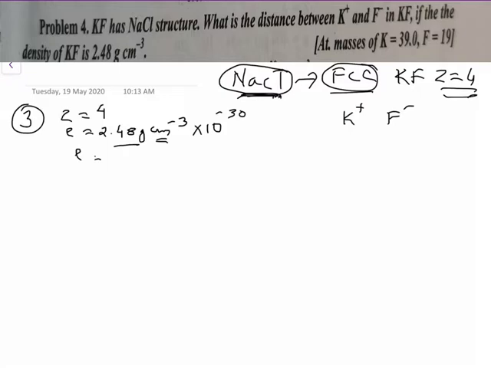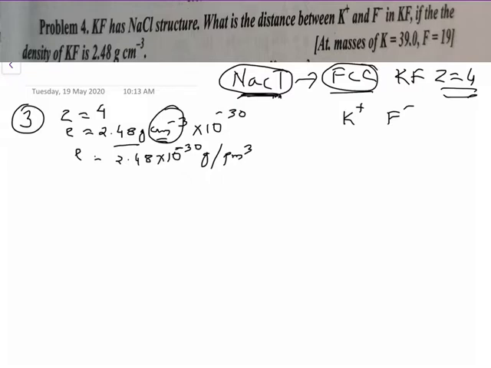So density, now we can write, is equal to 2.48 into 10 to the power minus 30 gram per picometer cube. Now we have converted the centimeter cube into picometer cube.